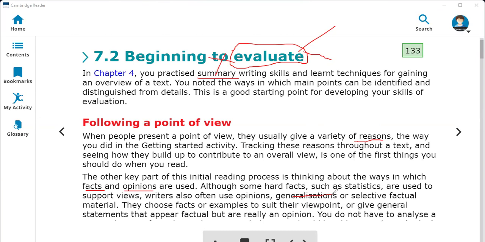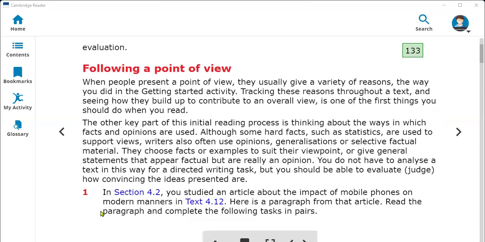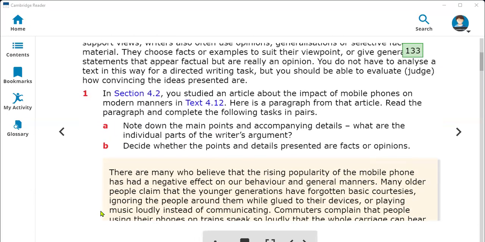They choose facts or examples to suit their viewpoint, or give general statements that appear factual but are really opinion. So we have to see which part of the text is an opinion, and which part of the text is an idea.